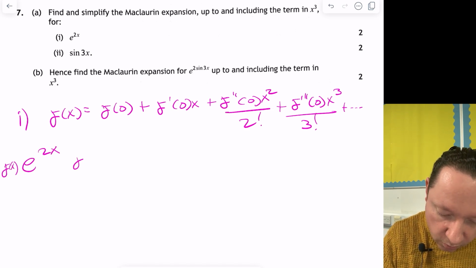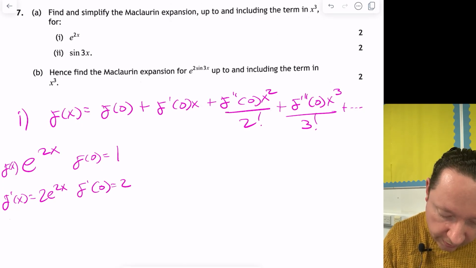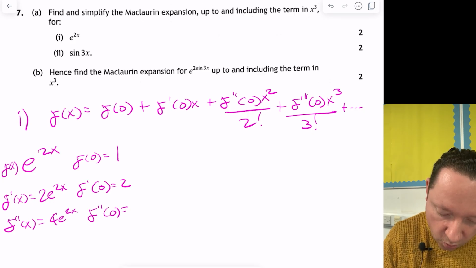So f of 0 is equal to just 1. f dash x is 2e to the 2x, so f dash 0 is 2. f double dash then is 4e to the 2x, so f double dash 0 is 4, and so on. You'll get 8 again, but we'll just see. So f triple dash 0 is 8.